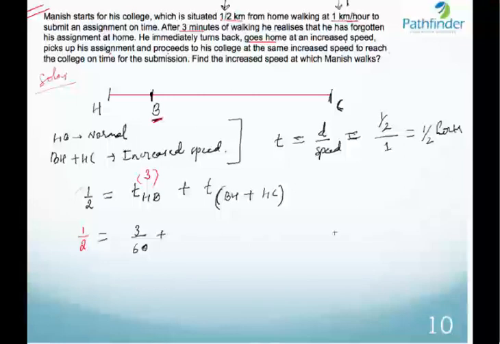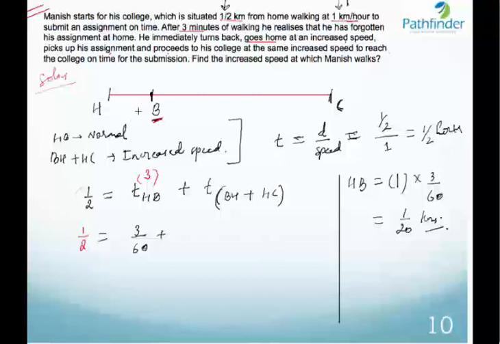So the value of HB can be very easily calculated as HB is equal to his speed, that is 1 kilometer per hour, multiplied by 3 divided by 60. Now 3 divided by 60 is nothing but minutes converted into hours. So obviously he traveled a distance of 1 by 20 kilometers.